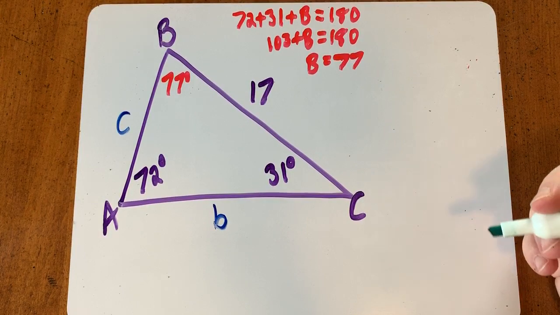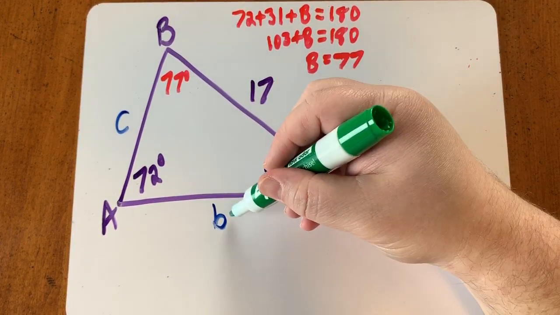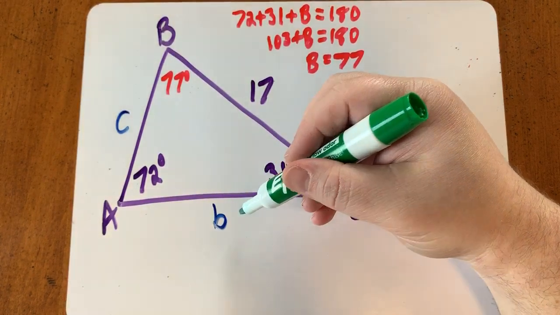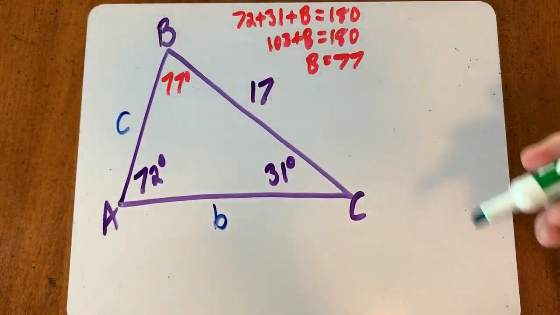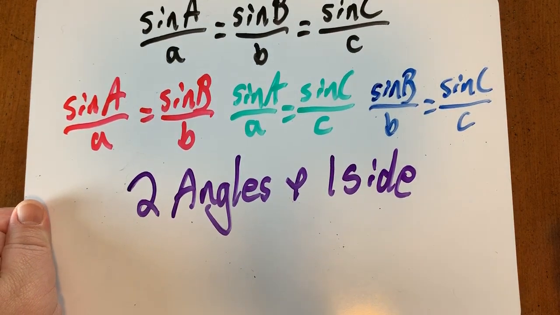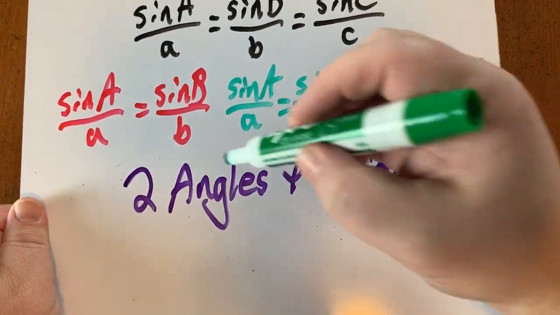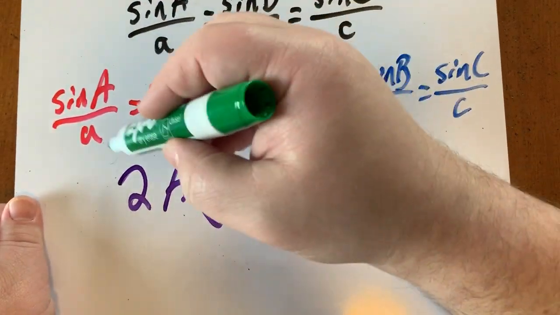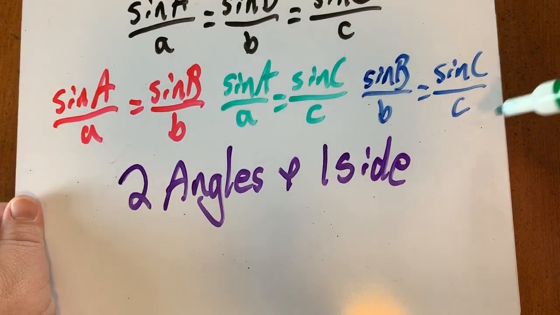Well, if we want B, let's look at our law of sines. And we could find C first, it doesn't matter, but I'm just going to do B first because it's alphabetical. So if we want B, well, B is right here, so we could use this equation, and B is right here, so we could use this equation.